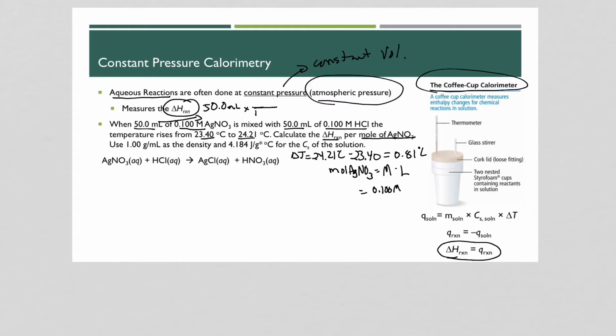We have 1,000 milliliters per liter, or 10 to the third milliliters, however we want to write the conversion. But we have 1,000 milliliters per liter, so that means I have 0.0500 liters.